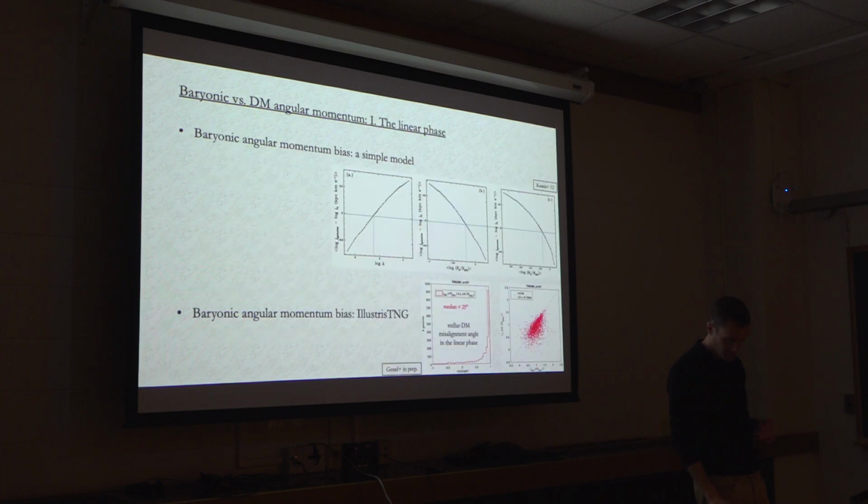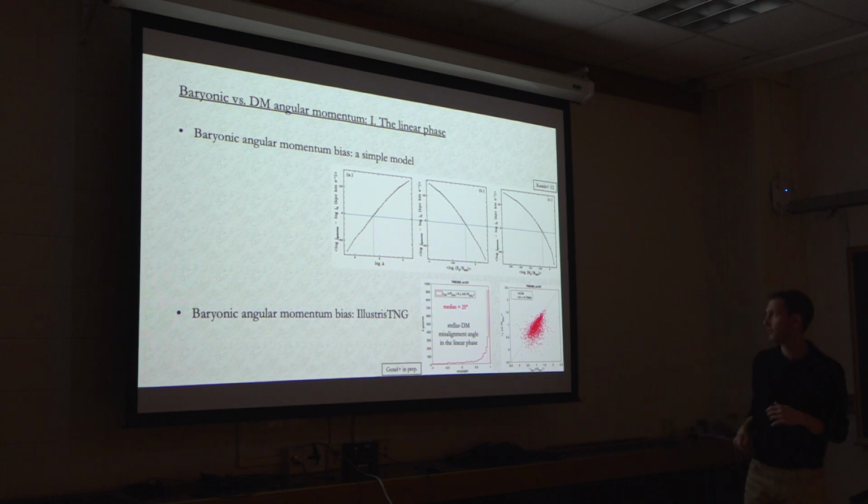In the past, this estimate was more like about half. So a simple model that came out a few years ago said the following: maybe we don't have to assume that the baryons actually lose angular momentum to end up with galaxies that have lower angular momentum. Maybe the stellar part of galaxies is formed just from the inner part of the halo. And the inner parts of the halo have lower angular momentum, as we've seen.